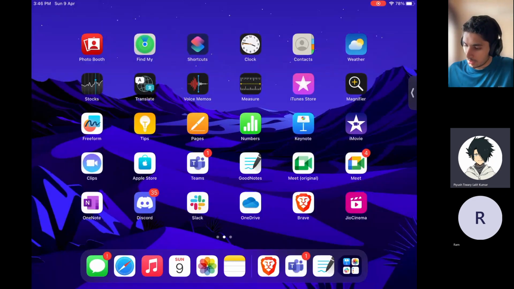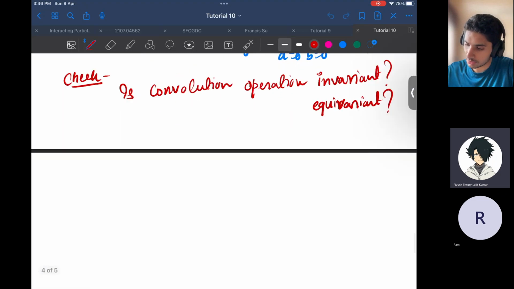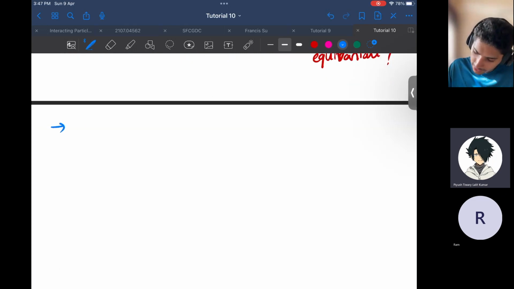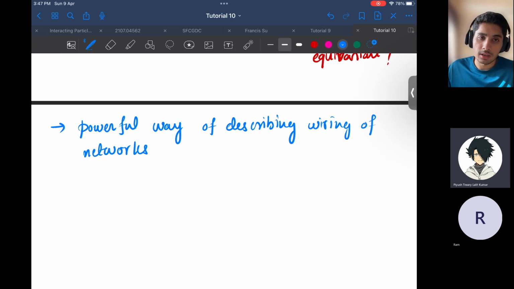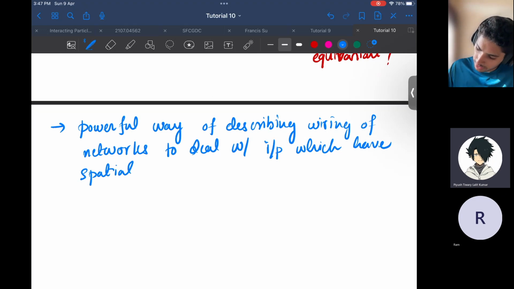Okay. So all in all, if you ask me what the broad benefits of using CNNs are, the first advantage I will say is that it's a very powerful way of describing the wiring of networks to deal with input which have spatial structure.